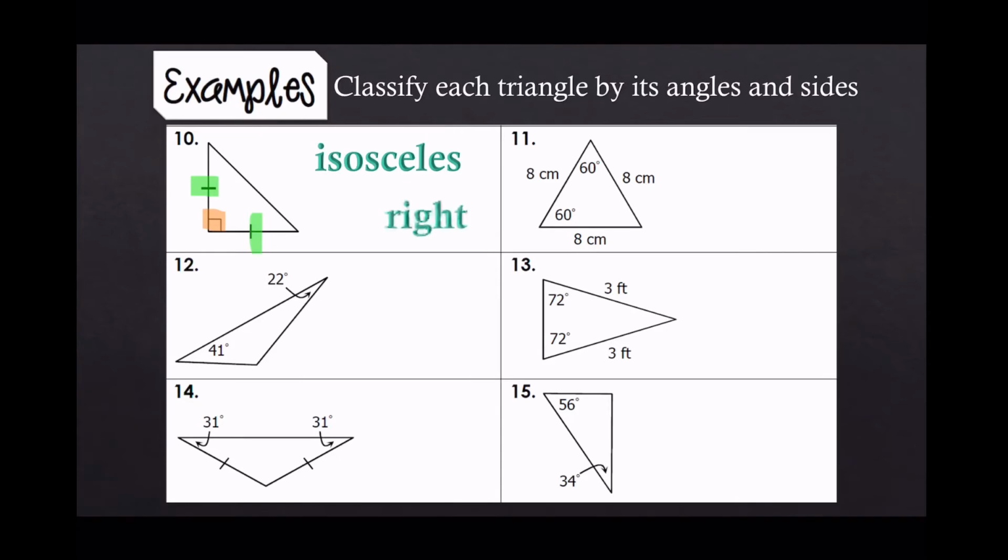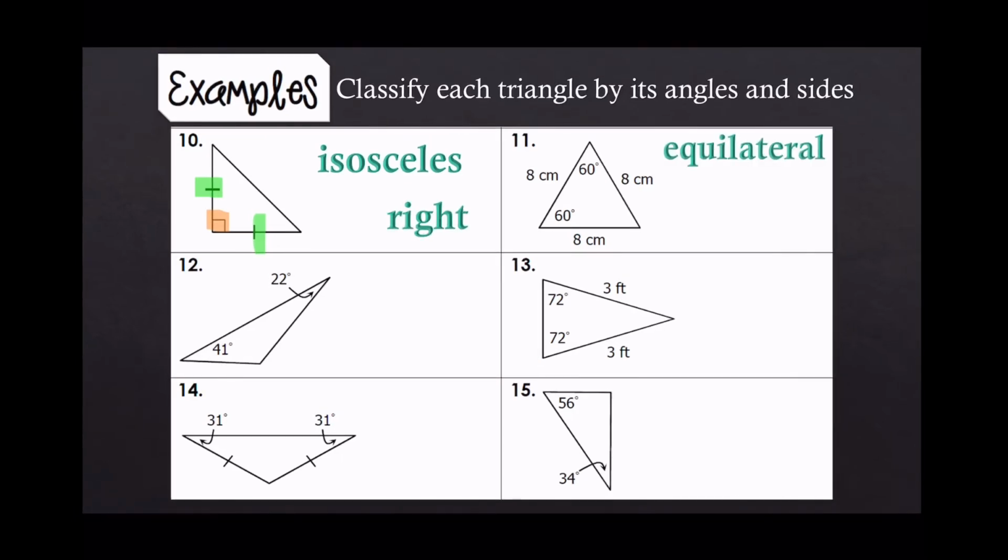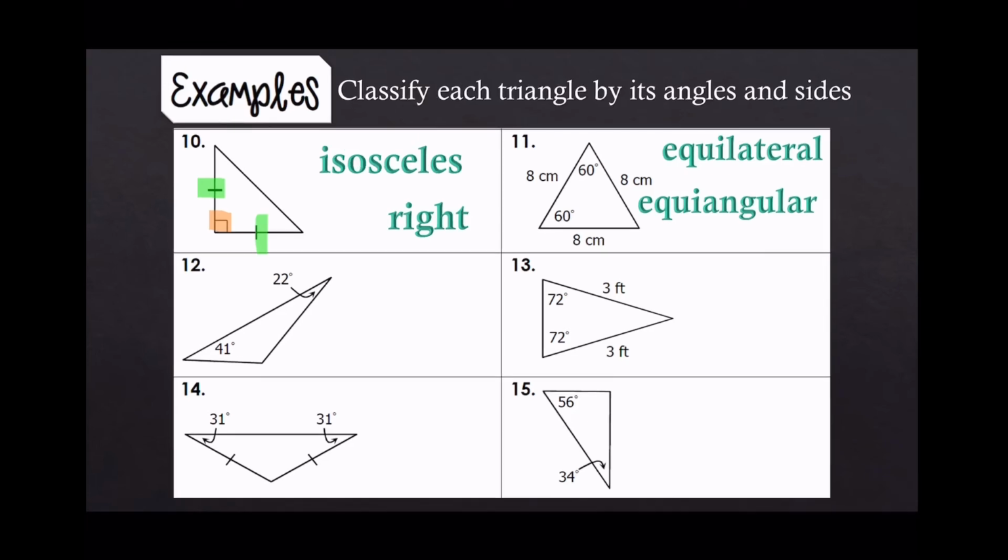I also see that all the sides are the same, meaning it is equilateral, because the sides are all 8 centimeters, and it's equiangular. Or it's an acute triangle. You could also write in, and I want you to write in, acute. It is an acute triangle. So make sure you're writing in acute.